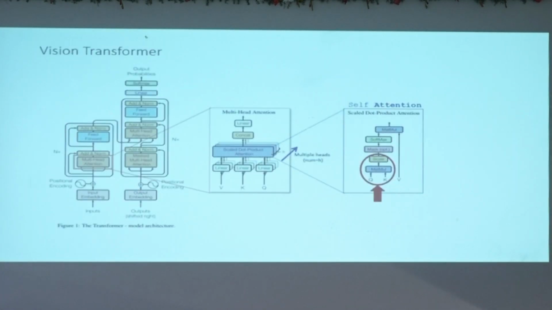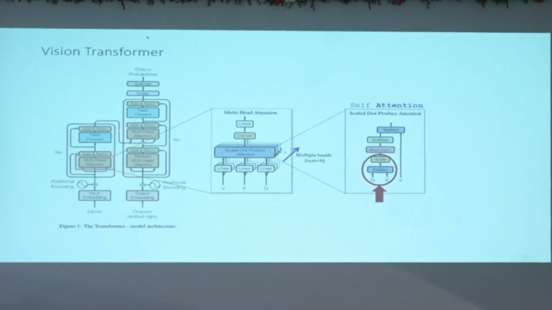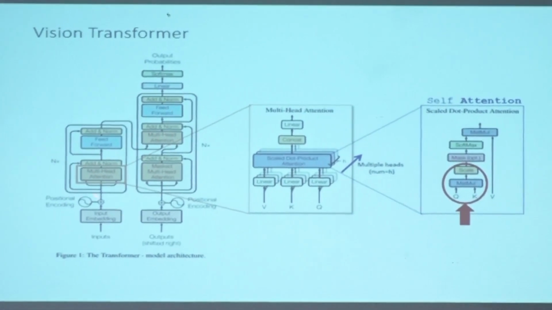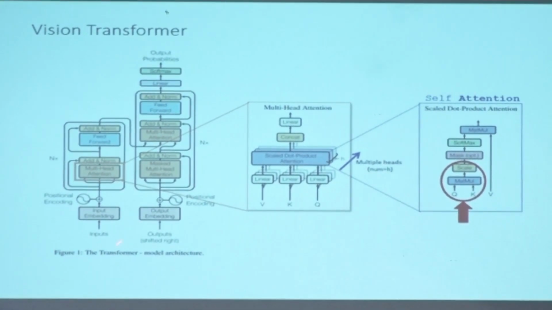Each multi-head attention layer is made of self-attention layers, and there are many self-attention layers, and from there the output is given to the feed-forward network. Then the query and key values are given again to the output of the decoder. This is the encoder block and this is the decoder block.